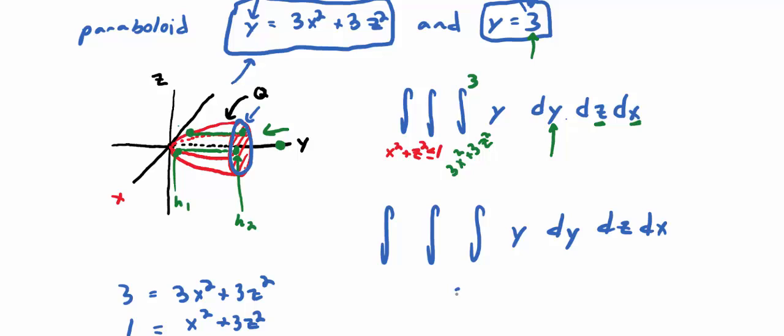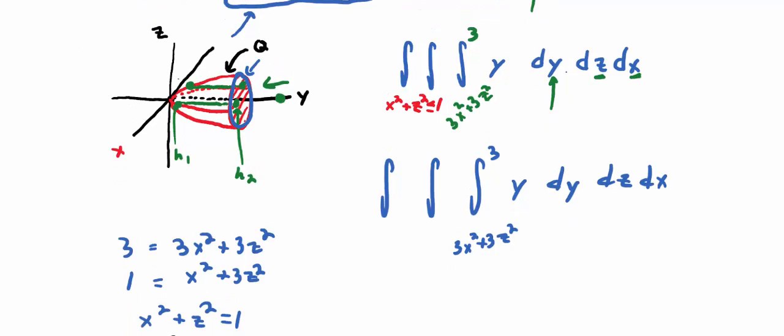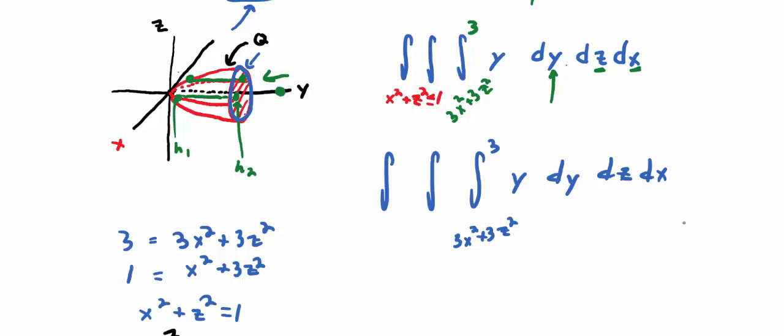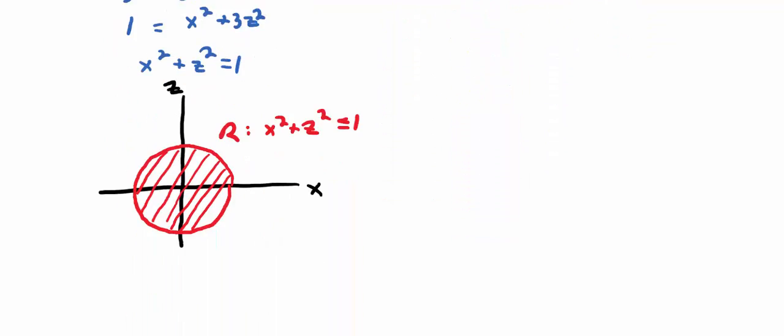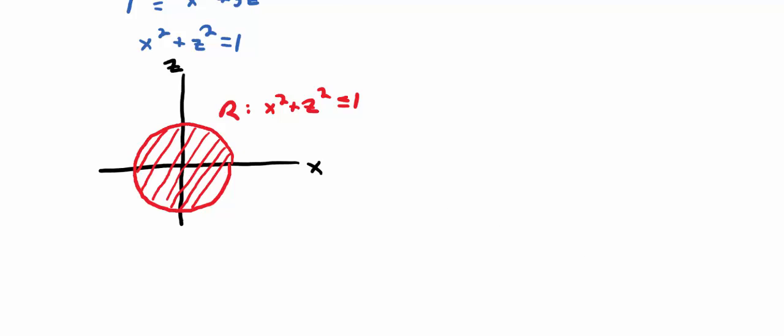Okay, so lower limit looks like that, upper limit like that for the inner. And then I went with the order dz dx, which is analogous to z taking over the role of y in dy dx. So we're going to use a vertical rectangle to help us set this up.